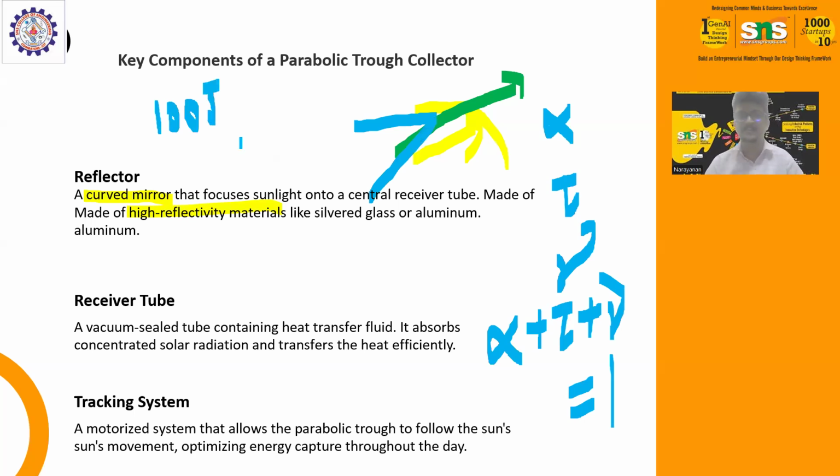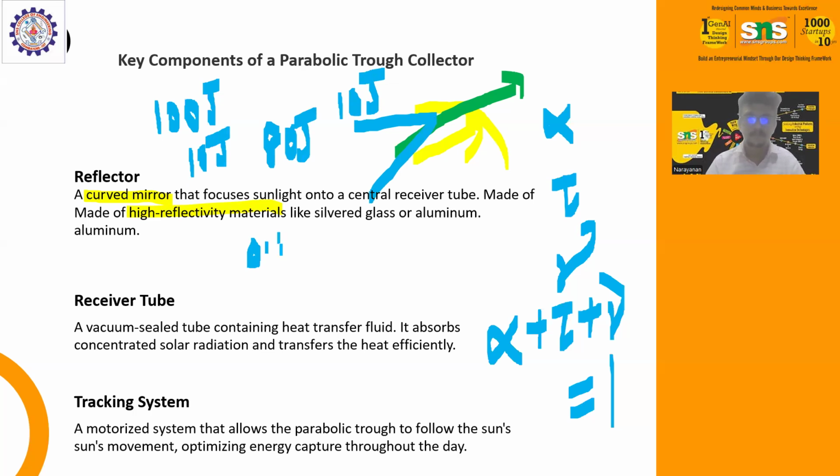Total energy received on the trough is 100. 10 joules is absorbed, 80 joules is reflected, and the remaining 10 joules is transmitted, right? So the absorptivity is 10 by 100, that is 0.1, reflectivity is 80 by 100, that is 0.8, and transmittivity, the fraction of heat transmitted, is again 0.1. If you add all these three, you should get 1, right?